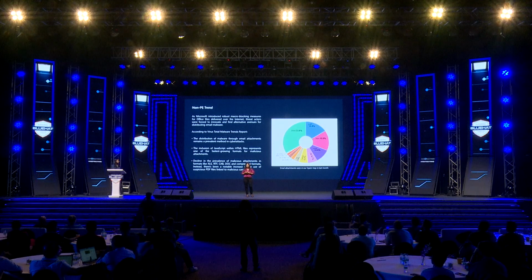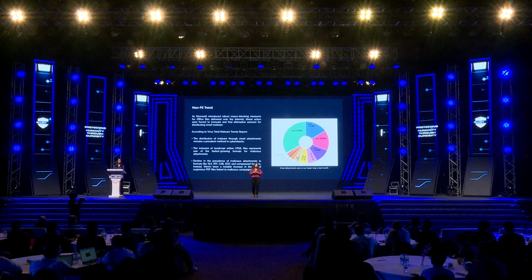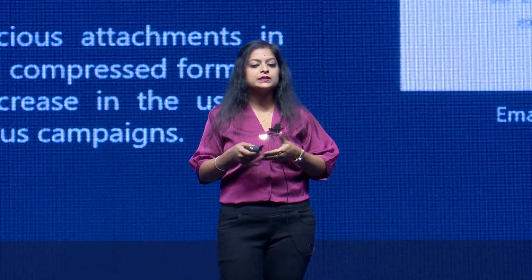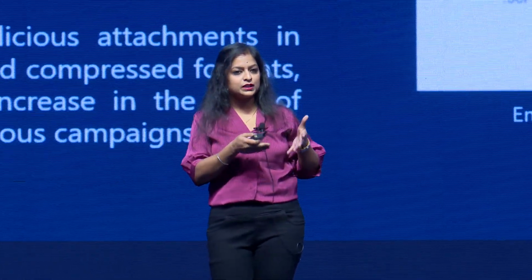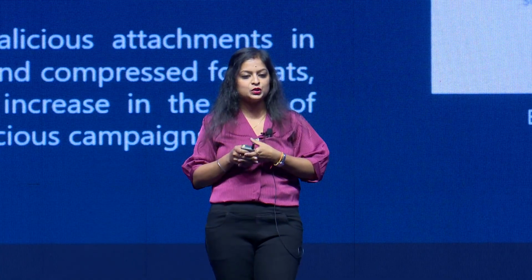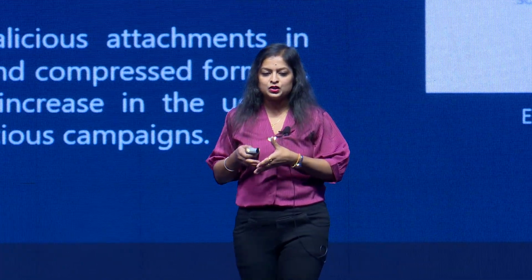According to the VirusTotal report, the distribution of malware as an attachment in the case of non-PE vectors has increased. They also mentioned HTML pages with JavaScript embedded in them, and the suspicious PDF as an attachment has been the fastest growing file format as an attachment.